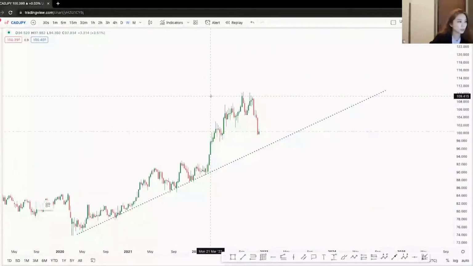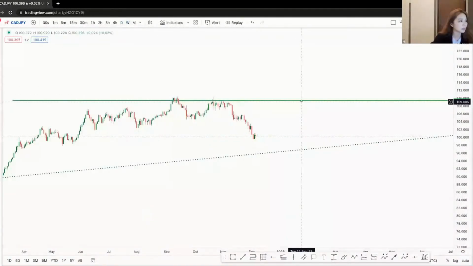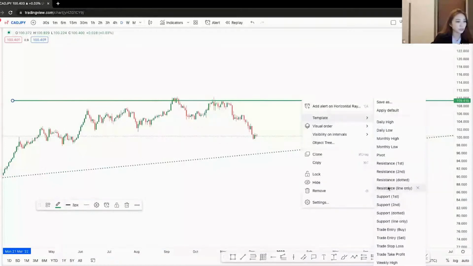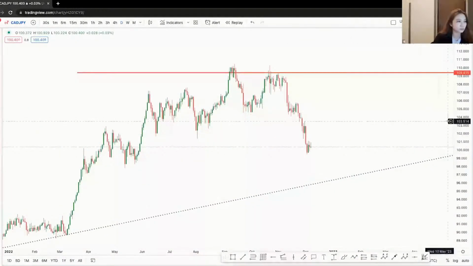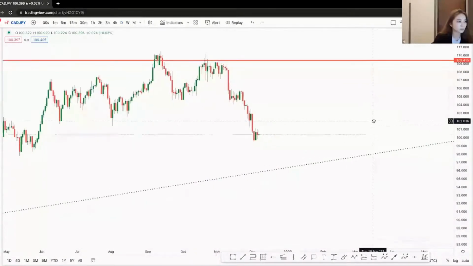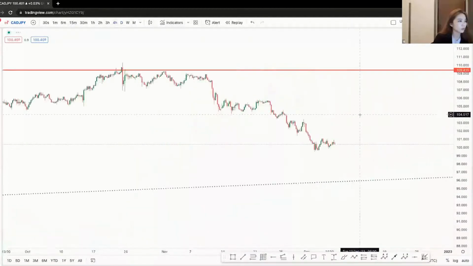Upward moving as well, resistance here as well. Let's look at daily. Let's change this to red. H4.